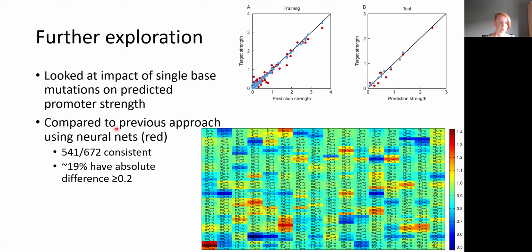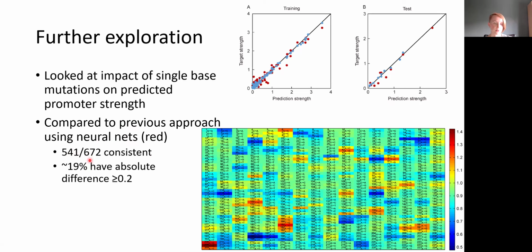They also compared to a previous approach. So they had done a previous paper where they'd looked at a similar thing, but using neural networks rather than SVM. They thought SVM might be better because it can work better on smaller data sets than neural networks might.